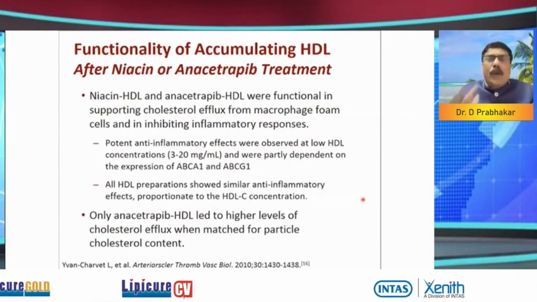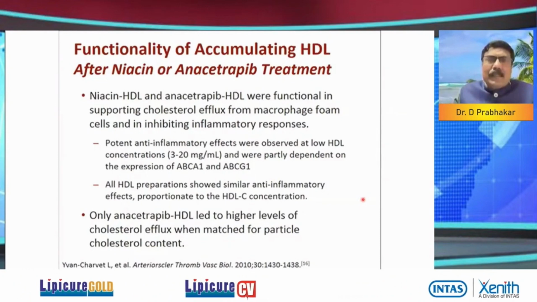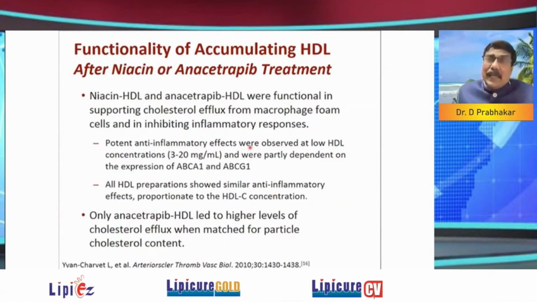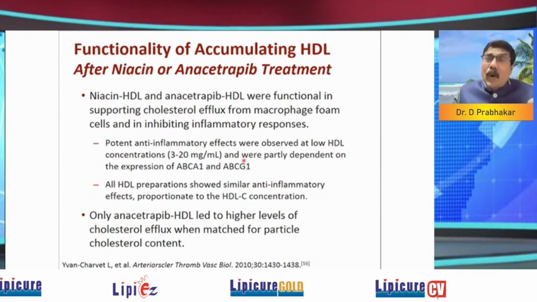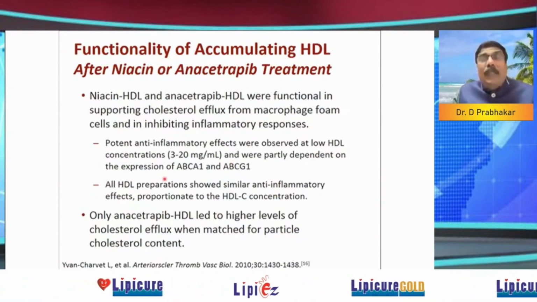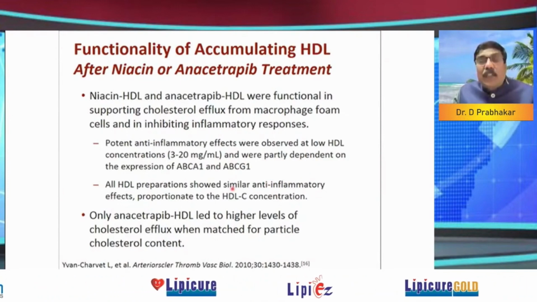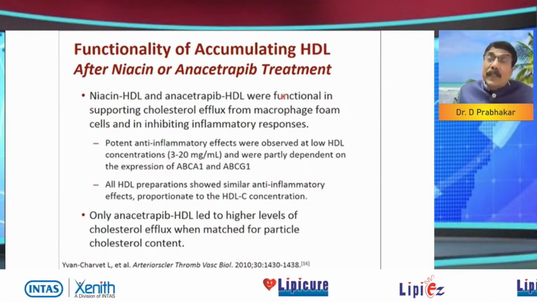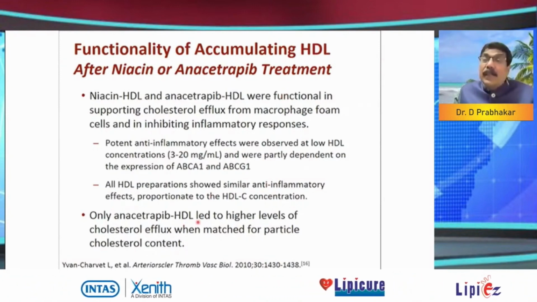Now, how does this work? There has to be some mechanistic study to say. Now, what happened? The niacin increased the HDL cholesterol. Anacetrapib also increased HDL cholesterol. In what way does it differ? Some studies have shown that only anacetrapib HDL increase led to the cholesterol efflux. While there it was a dysfunctional HDL, here it was not dysfunctional. To some extent, this is there.